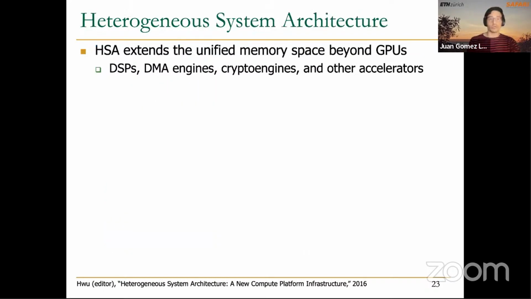We have talked about the unified memory in the context of the NVIDIA GPUs, but that was not the only architecture that started to do this more or less at the same point in time.